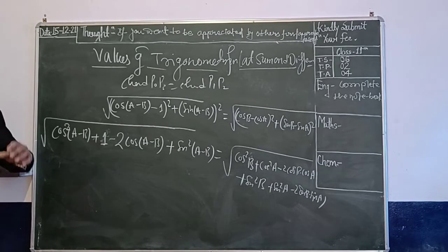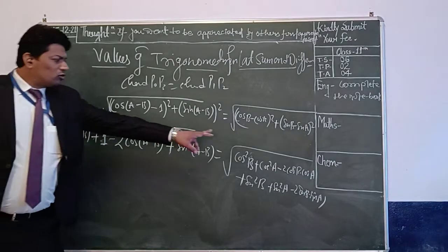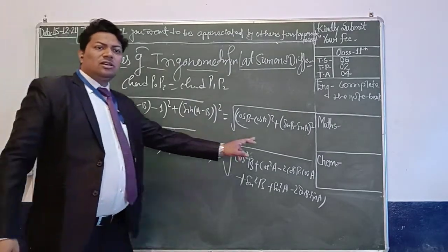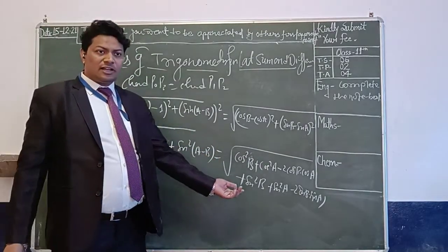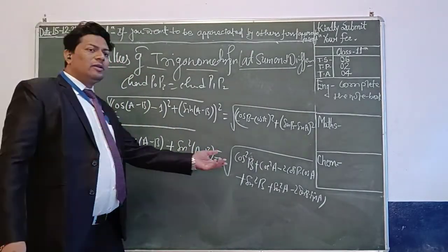Now what we have to do? This one is cos square A minus B. What you are actually getting is that both sides have roots. Root cancels out with the root, or you can simply say squaring both sides. When you square both sides, the root will be over.